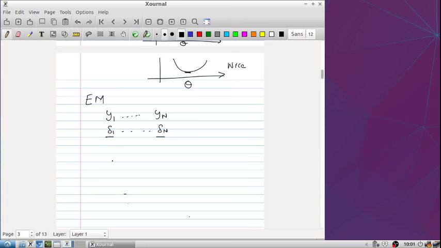If I observe these, then what is the probability of Y taking a value little y and delta taking a value little delta? I'm going to try to find this. It's the same random variable and same delta from before. Y was the sum of 1 minus delta times y1 plus delta times y2, and delta took a value little delta.